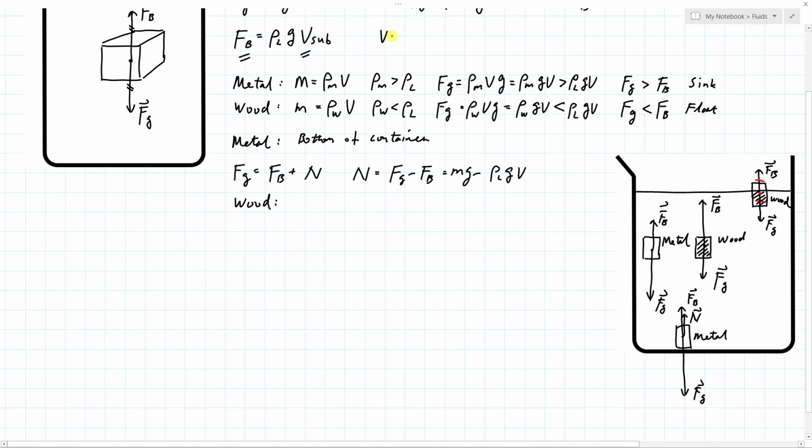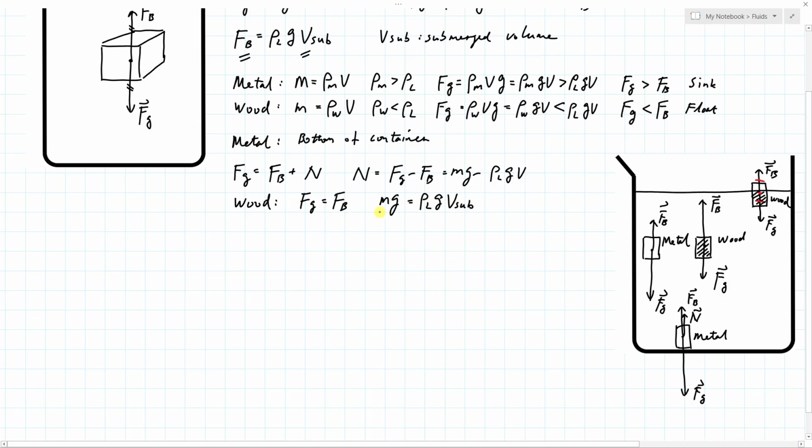This is V submerged, the submerged volume. So now for the wood, we'll have gravity equals buoyancy force. So mg equals rho liquid g times V submerged.